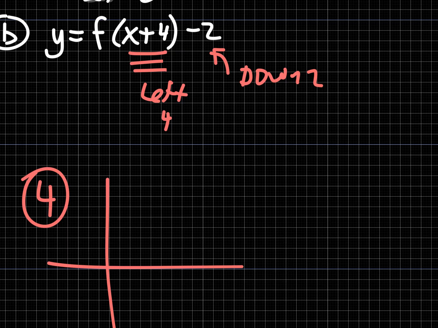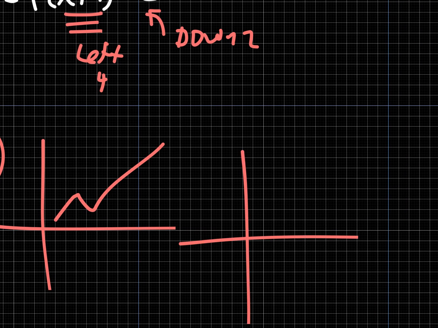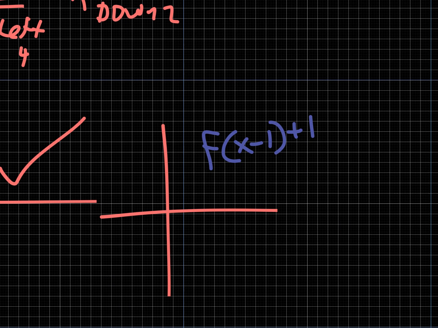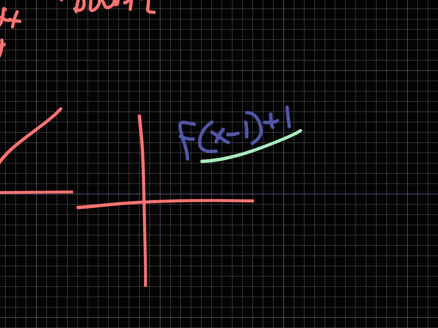So the original one they give you is a lightning bolt that kind of looks like this. And then part A over here, they've moved the lightning bolt. And what you say is like, they did this. They moved it 1 to the right and up 1. I'm not saying that's the right answer. I'm saying you give an answer like this, where you say that's where they moved it, but you say it in function notation, like the blue writing there. Okay?